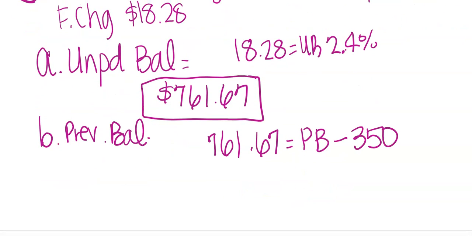So the unpaid balance is what we have left after a payment has been made. That's why we have that minus 350 there. So let's add 350. $1,111.67.